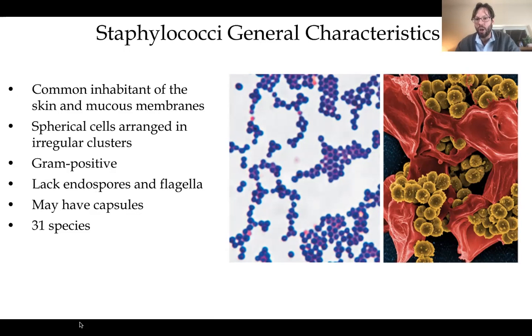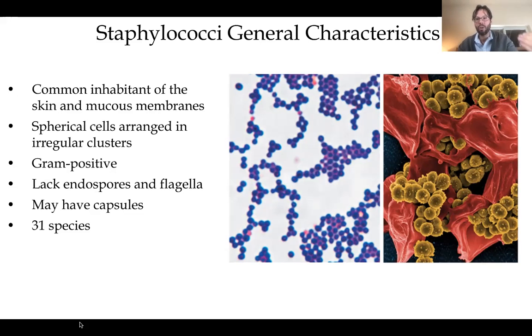It would be really hard for a cluster of cells to all move in unison, doing their different flagellar movements in coordination. So typically these are going to lack those structures, but they do have capsules in some cases. Remember, the capsule is that thick outer coating to protect it.